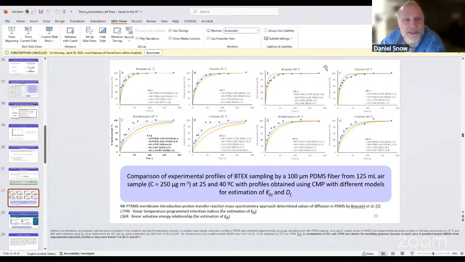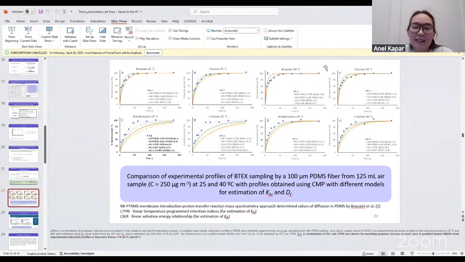How does it increase the amount of analyte that you collect on the fiber? Yeah, that is one downside. Part of the molecules can be transported to the vacuum pump.